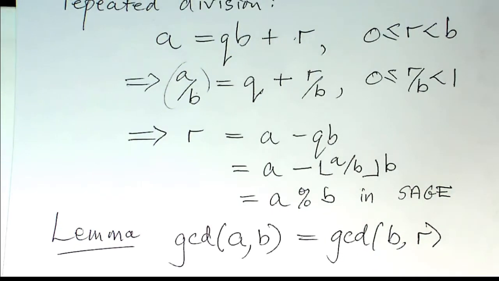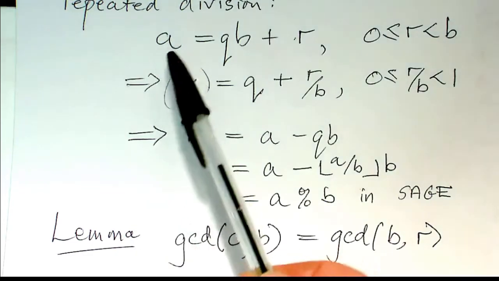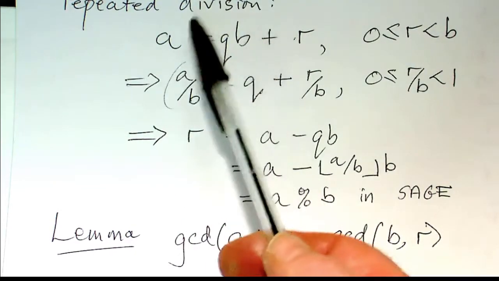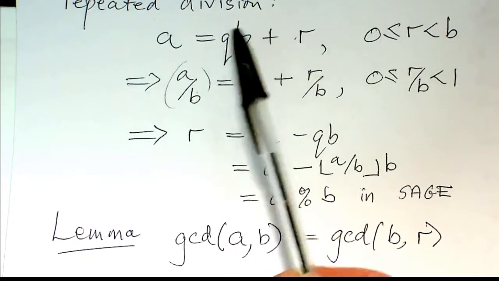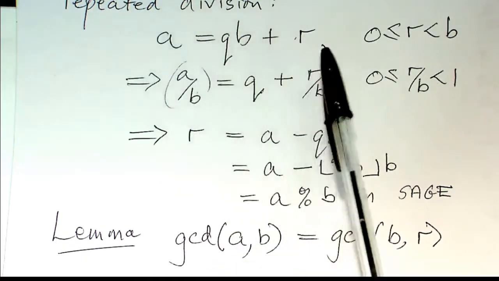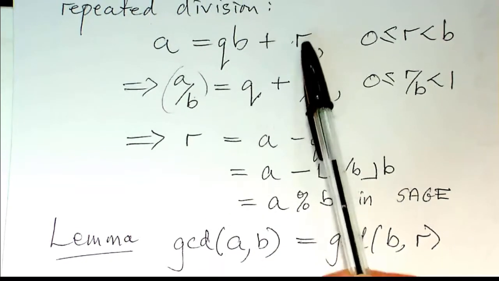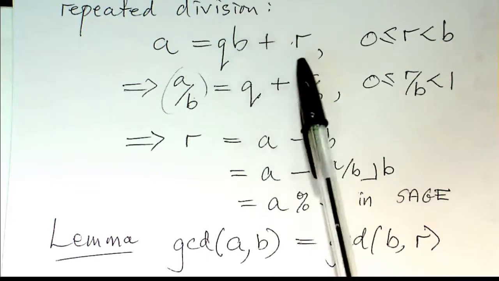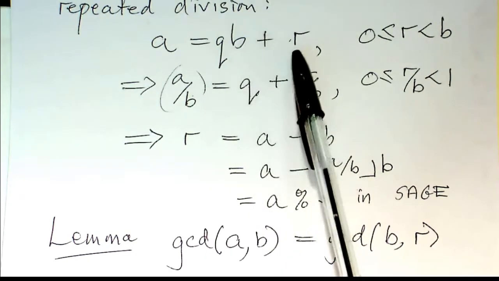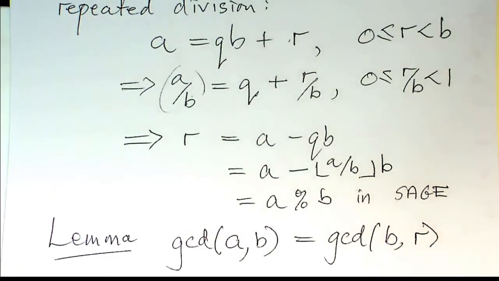Okay, in other words, if you want to compute the greatest common divisor of a and b, and this is the heart of Euclid's algorithm, you can just find r, and you'll get a smaller number, and then find the greatest common divisor of b and r, and you just keep going. That's Euclid's algorithm.